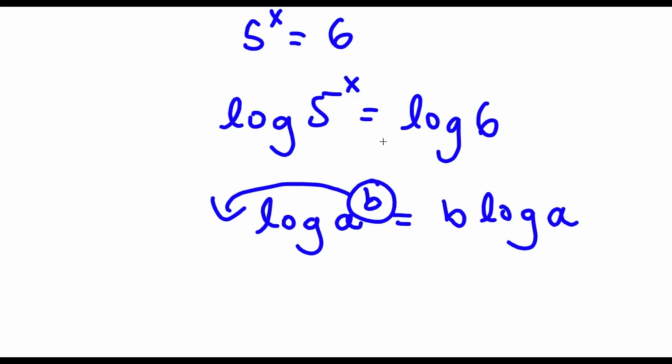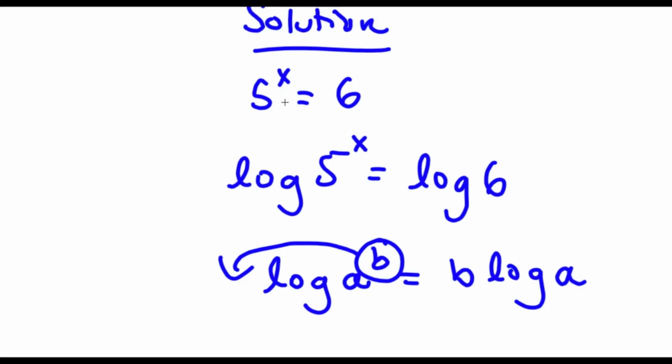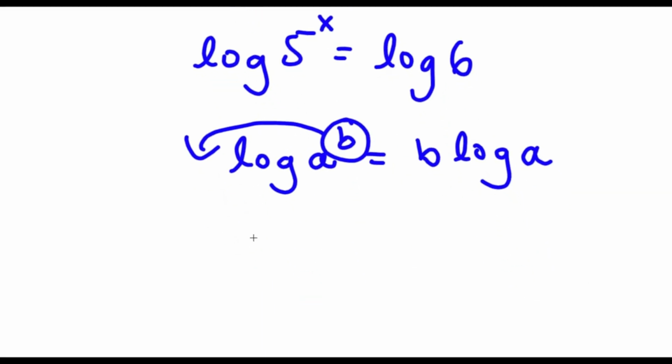The reason this property is so useful is because right now we have 5 to the power of x equals 6, and because x is going to be a decimal, it's really hard to find the value of x just as an exponent. Once we make x go to the front, it's going to be a real term, and then it's much simpler to solve for it.